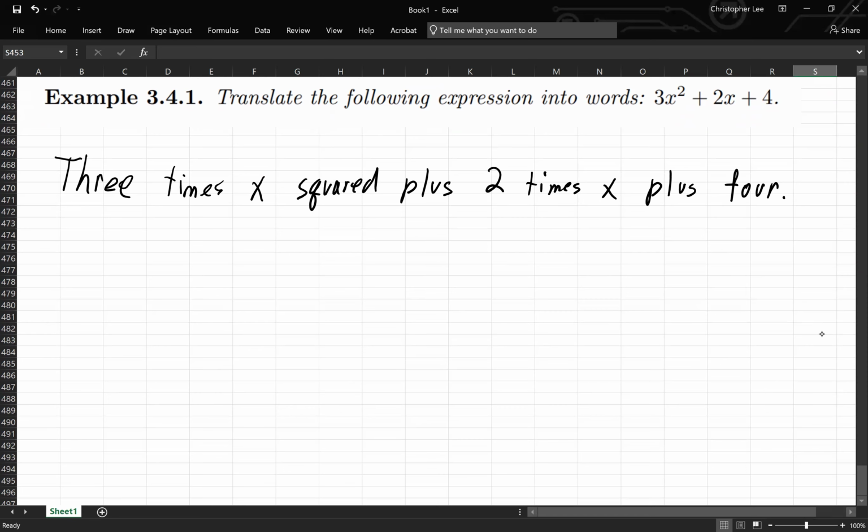All right. I was about to write four. Y'all didn't see that. And that's it. Translating it from an expression to English and vice versa.